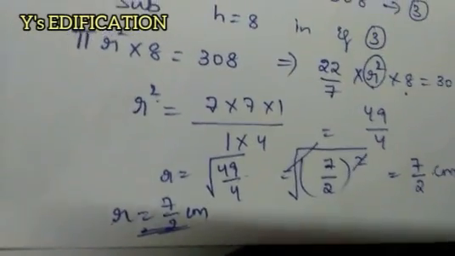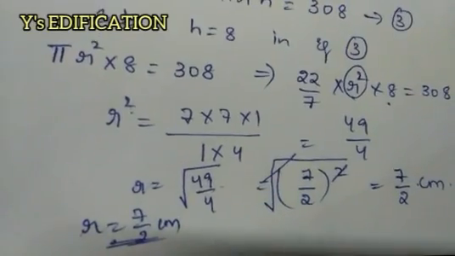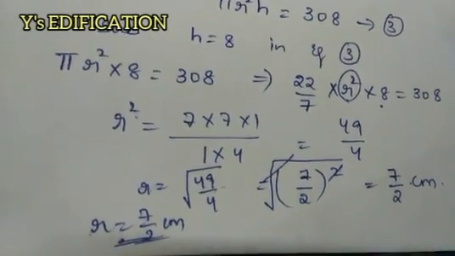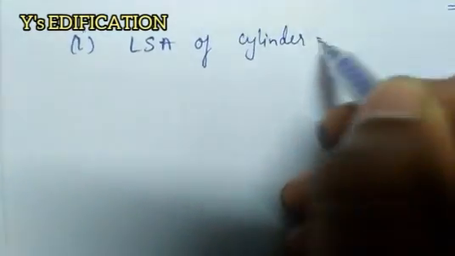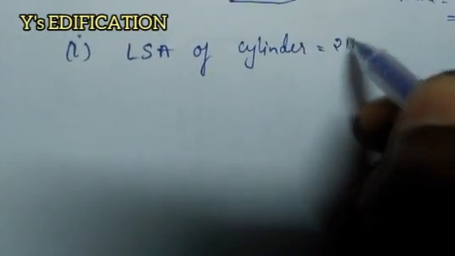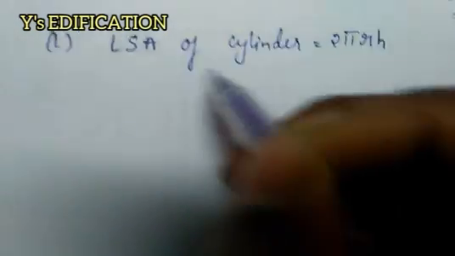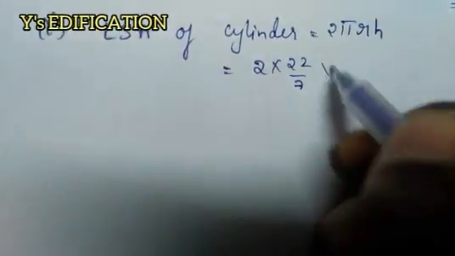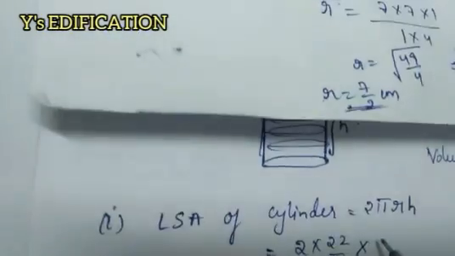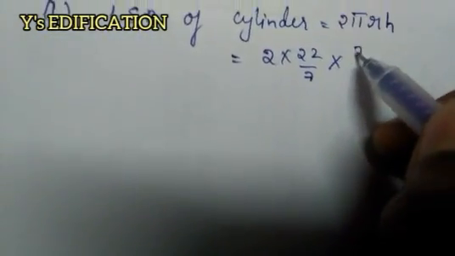Now we have to find the lateral surface area and total surface area of the cylinder. So we will find the lateral surface area of the cylinder. What is the lateral surface area of a cylinder formula? 2 pi r h. So 2 into, what is the pi value? 22 by 7. And what is the r value here? The r value is 7 by 2.